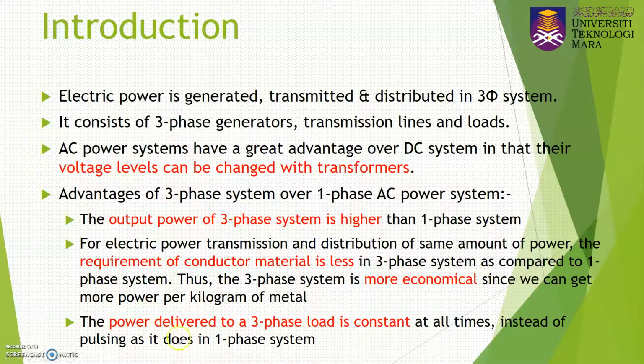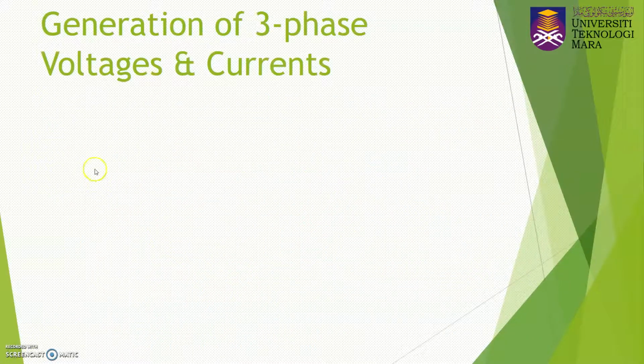Third, the power delivered to a three-phase load is constant at all times instead of pulsing as it does in the single-phase system. These are the advantages of the three-phase system over the single-phase AC power system. That's why in Malaysia especially, when we transmit electrical power from the generation side to the customer, we use the three-phase system rather than the single-phase AC power system.